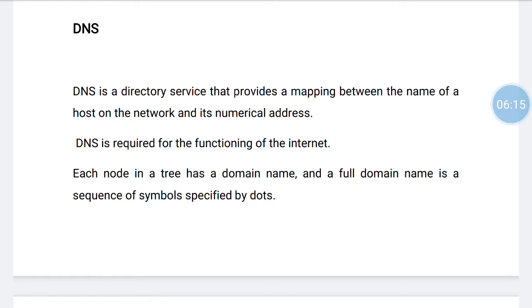For example, www.example.com is the domain name of a site, and with the help of DNS it will get translated into an IP address. So remembering the alphabetic name of sites is easier than remembering their IP addresses.